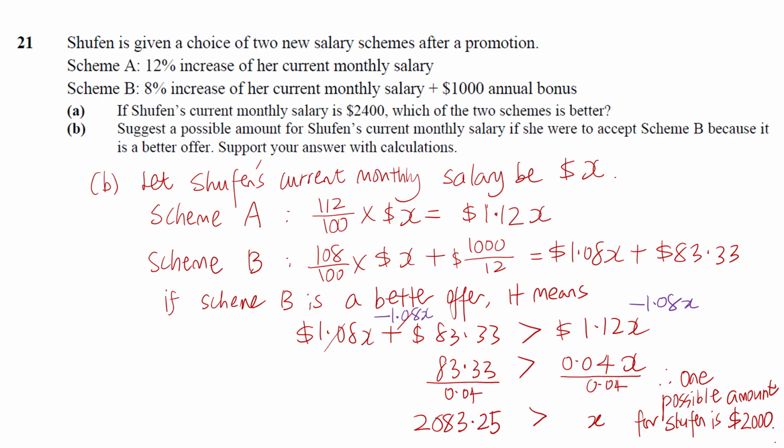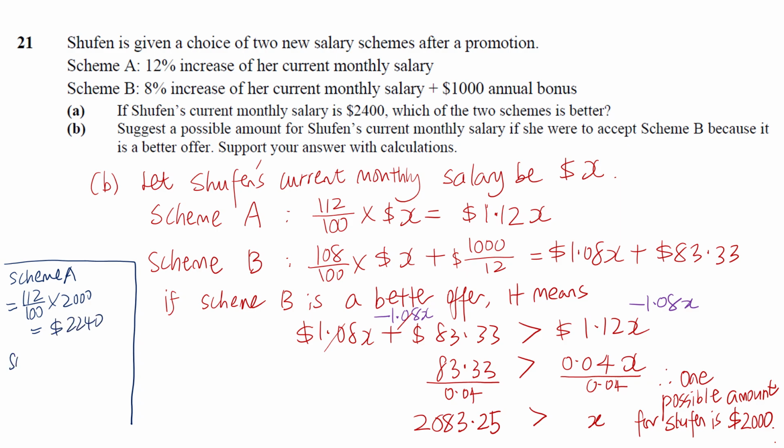So how do you know that your $2,000 is the correct answer? Yes, we can do some checking on our own. Using $2,000, we can check for Scheme A. That will be 112 over 100 times 2,000, and that gives you 2240.